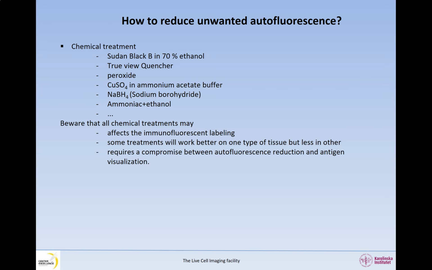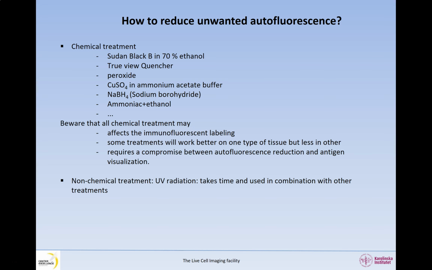Be aware that although chemical treatment may reduce the intensity of your autofluorescence, it will affect the immunofluorescence labeling too. Also, some treatments will work better in one type of tissue than other, and chemical treatment might require you to compromise between autofluorescence reduction and antigen visualization.